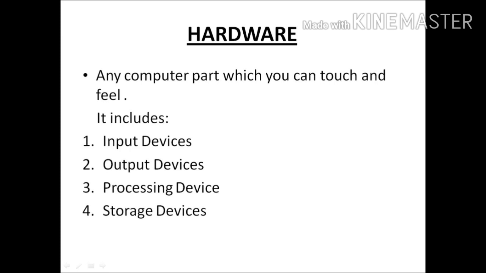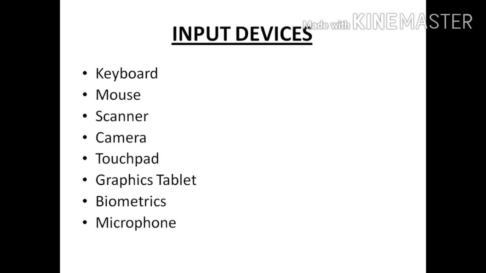And it includes input devices, processing devices, storage devices, and output devices. Now let us discuss about the input devices. Input devices include keyboard, mouse, scanner, camera, touchpad, graphics tablet, biometrics, microphone.